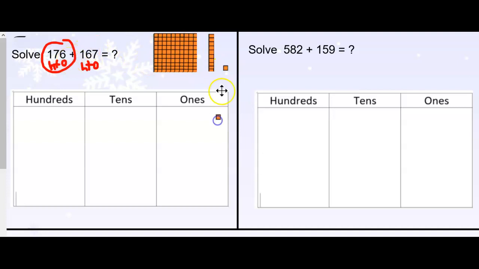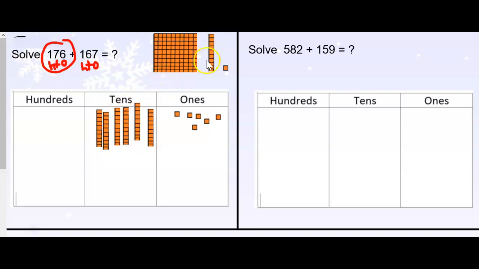We have 6 ones, 7 tens, help me count, 1, 2, 3, 4, 5, 6, 7, and 100.